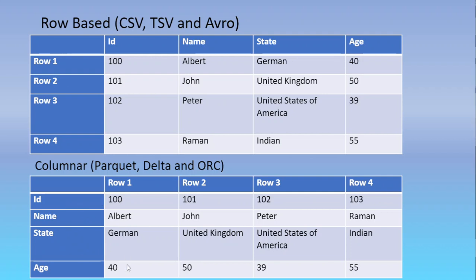Your data is getting stored in this way, and suppose a new scientist comes in, he will be added column wise. If the 104 scientist comes in, he will be adding data here. Let me show you. So he will be adding the fifth column here, but in the row based he will be added somewhat like this. This is a human readable format and this is not a human readable format.